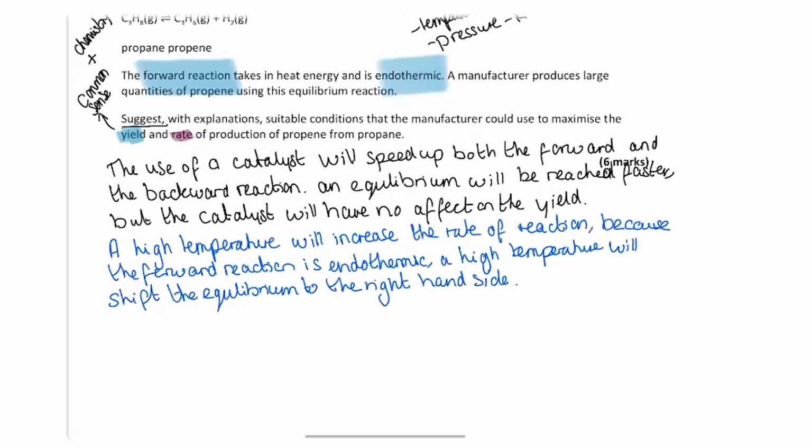So because the forward reaction is endothermic, it is going to shift the equilibrium to the right hand side. And you'll notice I have written that out in full, right hand side.